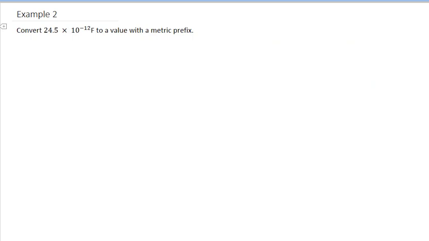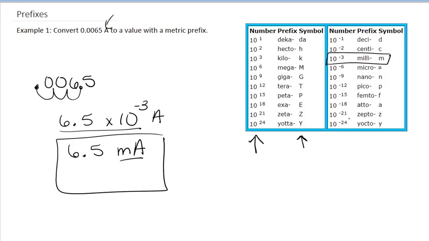Example 2. Convert 24.5 times 10 to the negative 12th Farad to a value with a metric prefix. So we're going to go back to this table, and we see that we are going to be looking at 10 to the negative 12.